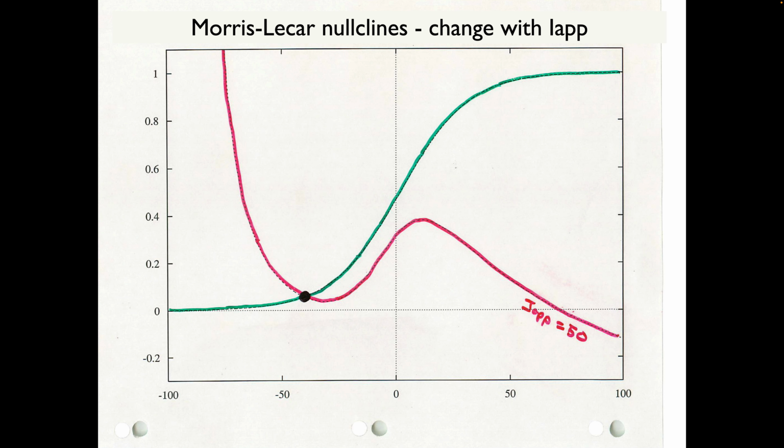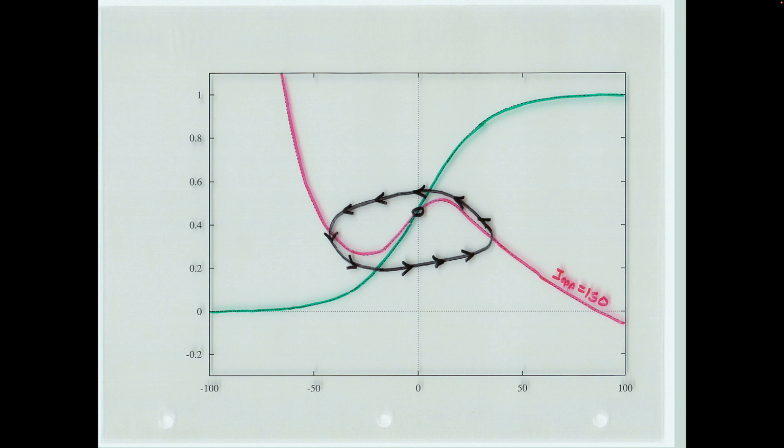And this sort of picture can also help us explain oscillations, because one of the observations is that in this model, if you inject the right amount of applied current, this voltage null line lifts up to the point where the unstable branch here is intersecting the W null line, and there's actually an unstable fixed point here, but then around that is a continuous closed curve solution, which is sometimes referred to as a limit cycle oscillation.